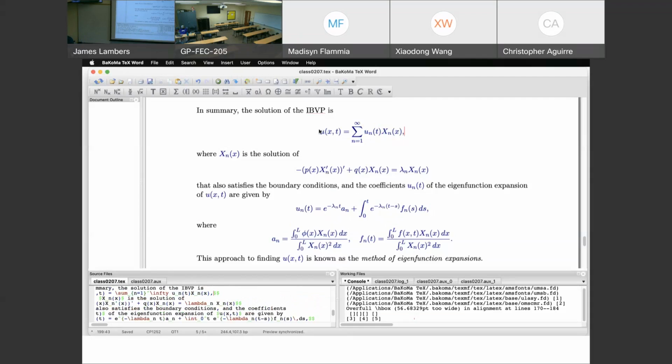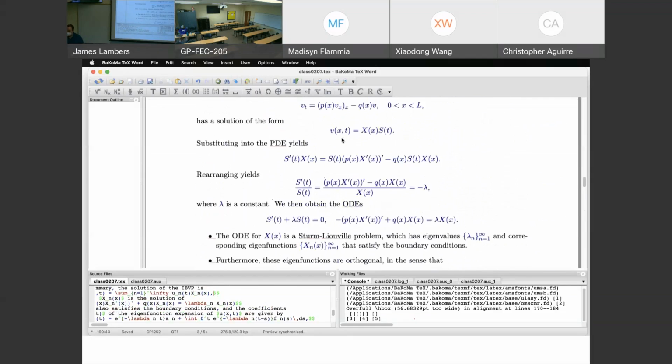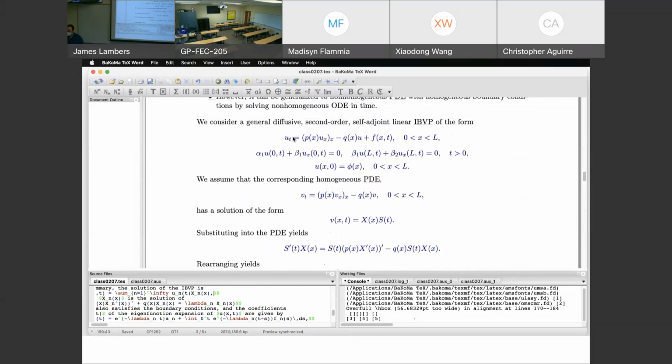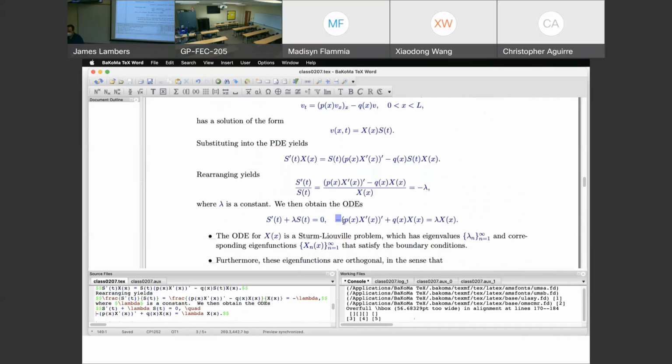So for a general non-homogeneous PDE, associated initial boundary value problem, if you're able to solve a homogeneous version, you don't even have to solve this all the way, really you just need the solution to this that satisfies the boundary conditions, but that is a separation of variables exercise.